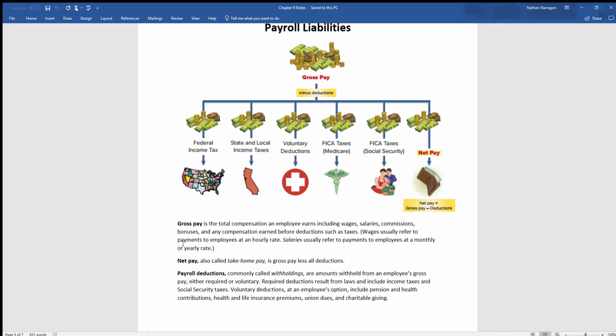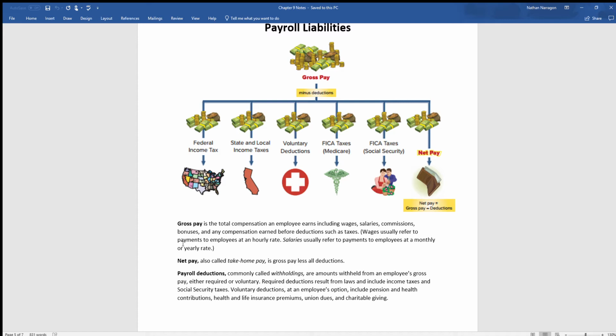But some states and some local cities have their own income tax. This will also be taken out of your gross pay, which of course is the total compensation that we have earned in that pay period before all these deductions.